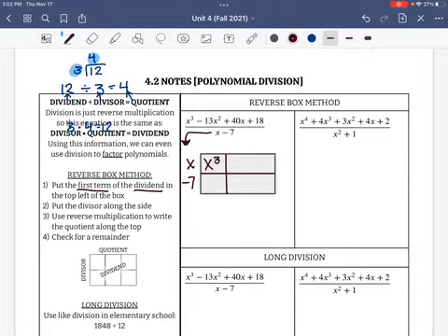And then you're going to try and figure out what goes along the top so that x times whatever I'm going to put here equals x cubed. Well, hopefully you know that x times x squared is x cubed. So I'm going to put x squared right here.